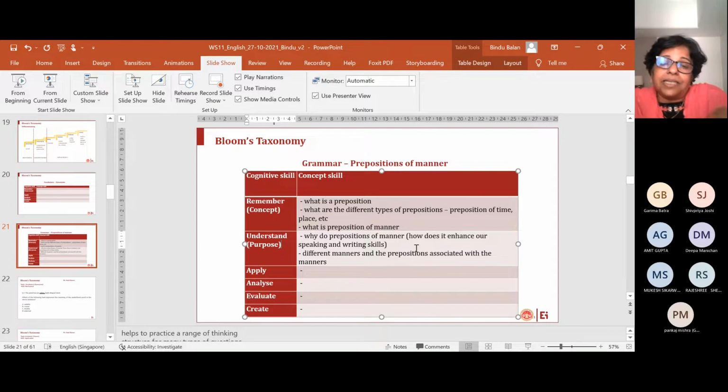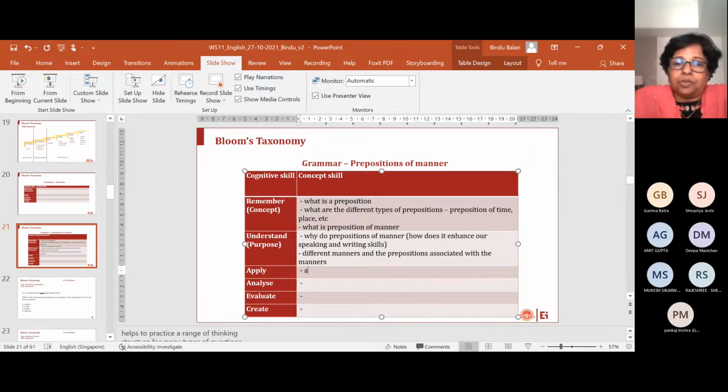Then, as a next step, what will you demand from them, once you know that they have mastered, remember, and understand? Apply. Yeah, apply. So when you apply, what will you do?